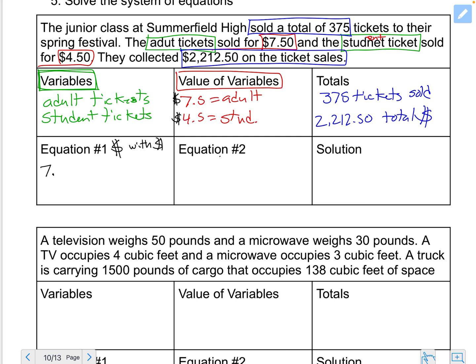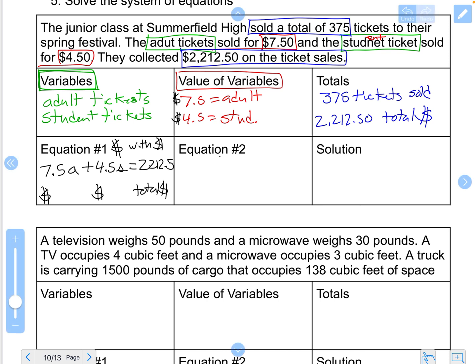I'm going to put 7.5 because that's how much our adult tickets are worth, and use the letter A, plus our student tickets, which is 4.5. I'm going to use a fancy S, and the total is $2,212.5. So this is money for adult tickets, money for student tickets, and then the total money. And so that's kind of how I go with that.